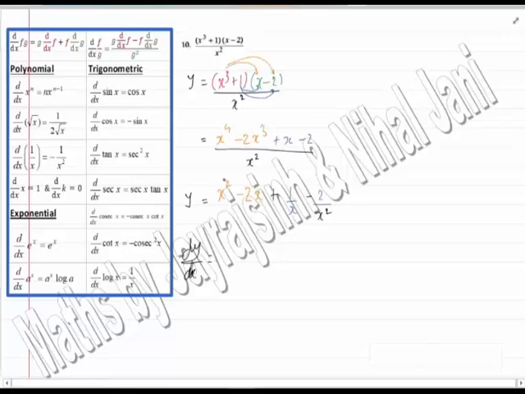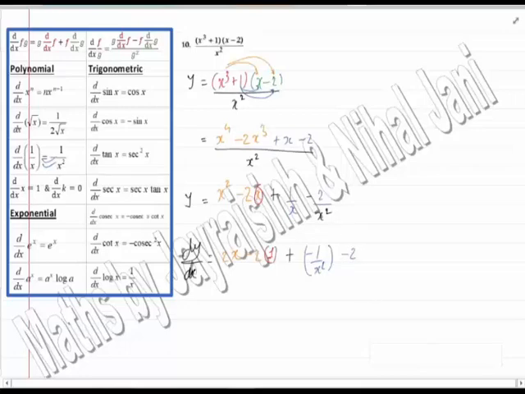Okay, differentiation of x square will be 2x, minus 2 is constant. We just have to differentiate this x, so differentiation of x will be 1. Now let's move to the third term. Differentiation of 1 by x is minus 1 by x square, we have that in the formula list, and minus 2 is constant.